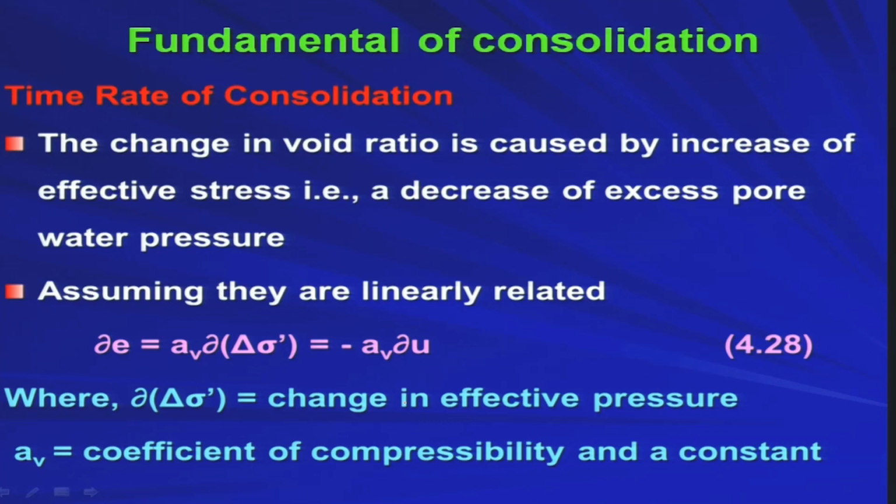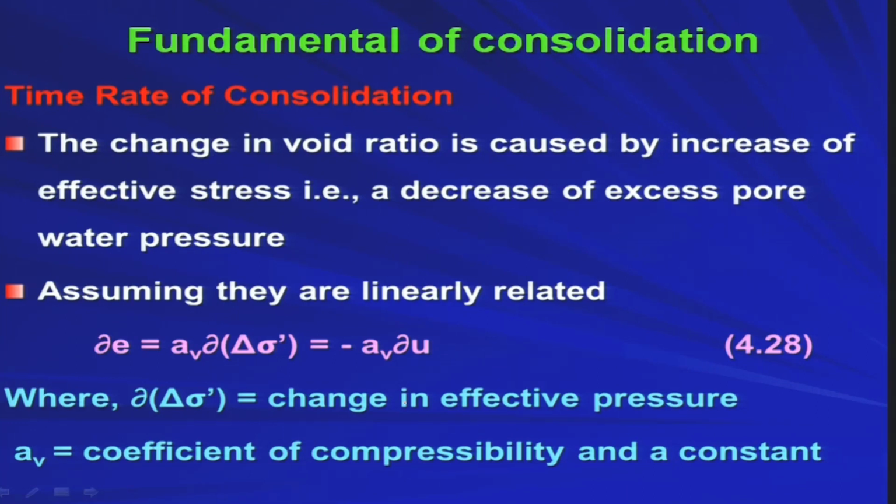So, assuming they are linearly related, that means the change in void ratio, caused by an increase in effective stress and a decrease in excess pore water pressure, the relation between these is linear.